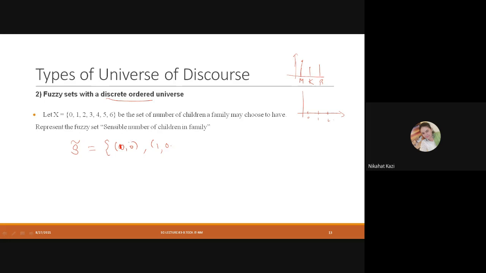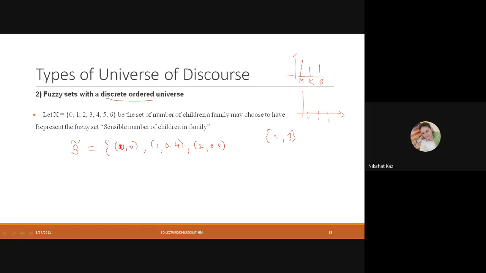If it's a classical set, then you may have only 2 or 2 comma 3, something like this, right? But here you have to think in terms of gradation of membership values. So you are going from 0 to 1. One child is fine. So I say 0.4. Then from 1 to 2, I increase the membership. So maybe it is not that advantageous. So I say it's 0.8.